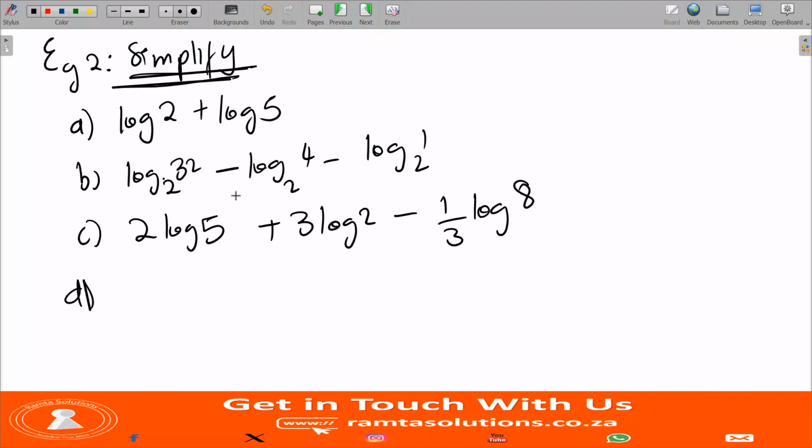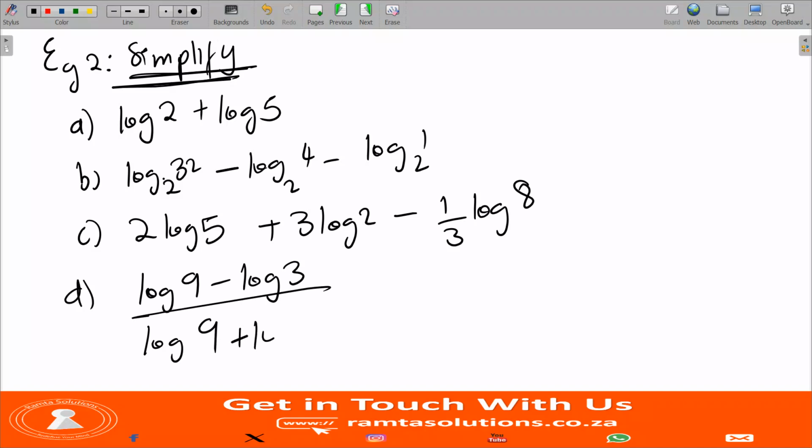D will be log 9 minus log 3 over log 9 plus log 3. Now let's get our solutions. So now let's see what this will be.